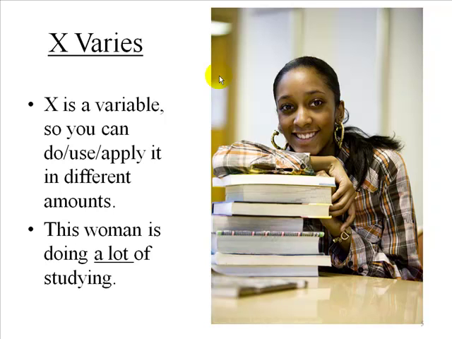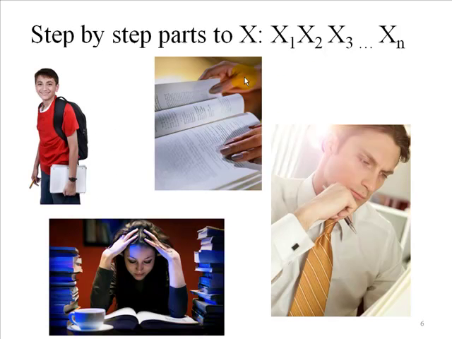X is a variable, so you can use it, you can apply it in different amounts. So there could be a little, there could be a lot. We might say that this woman is doing a lot of studying. Often with X's, we use numbers. So we might say how many hours a day she studies.